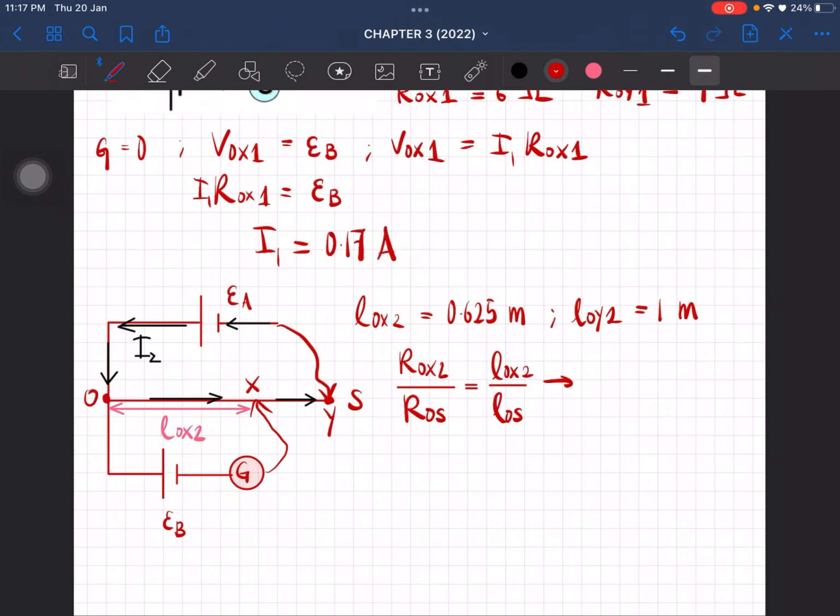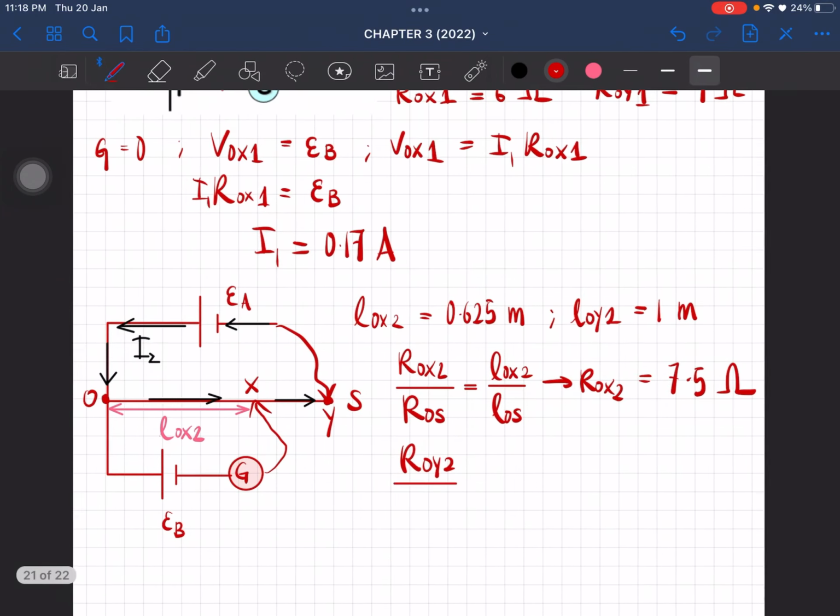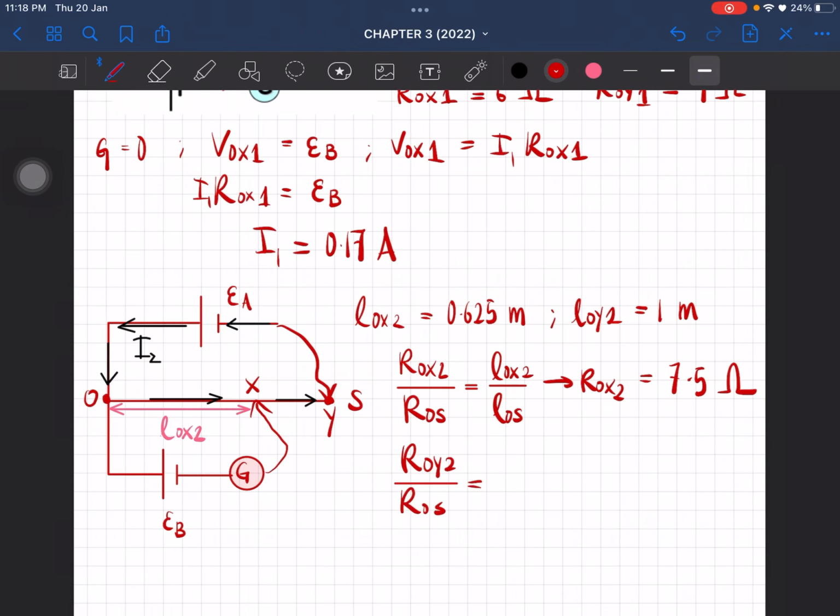Okay, so dari sini kamu should get the value of 7.5 ohm. Then do the same thing untuk ROY. So this is ROY equal to LOY divided by length of the whole wire. So ini you should get equal to 12 ohm.